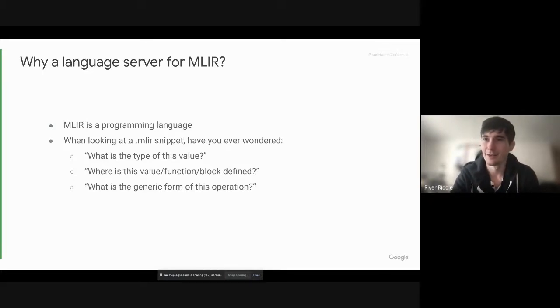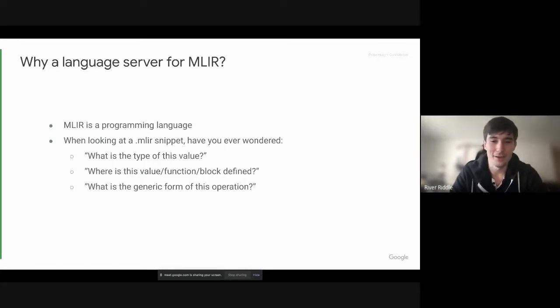We try to be pragmatic about custom formats, but not everyone follows the same style. If you go from one project to another, it's happened to me before, I can look at an operation in its custom form and have no idea what anything means to be able to glean information from it. I don't know what the type of this thing is, so you either have to guess or feed it through opt.